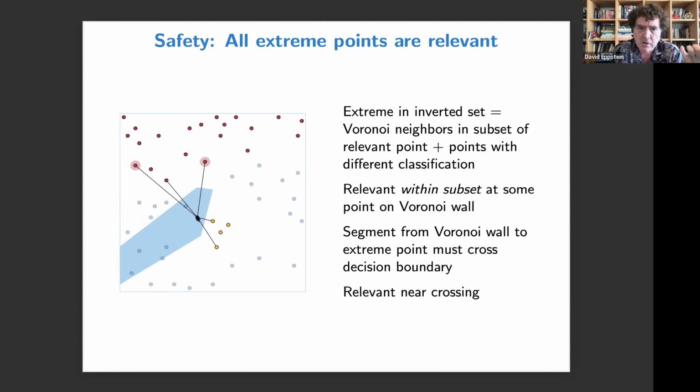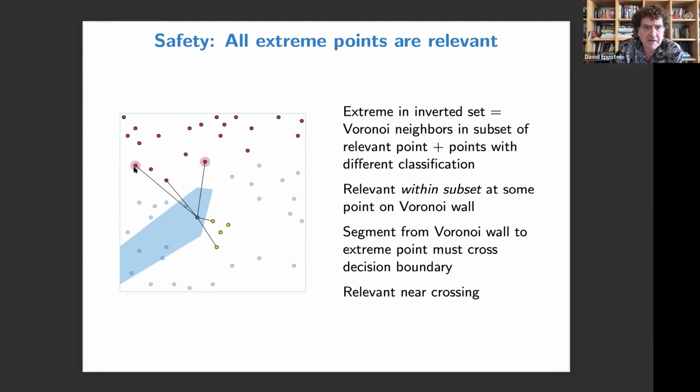And so each of these points that we find as a Voronoi neighbor of this blue point looks like it's relevant for that subset of points. So this red point up here, the midpoint of its Delaunay edge between that point and the blue point, that midpoint actually pierces the Voronoi boundary, and both of these points are relevant near that midpoint for this subset of points.